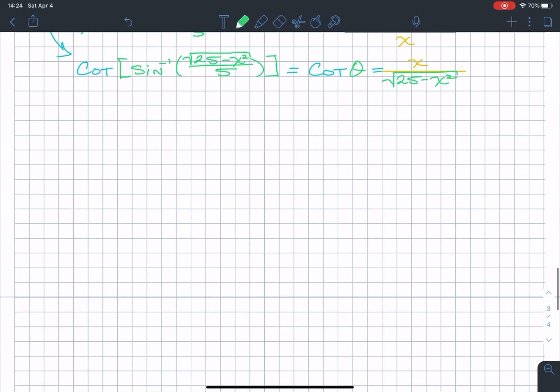Okay, so number 3. Let's evaluate cosine of inverse tangent of 7 over 3x.